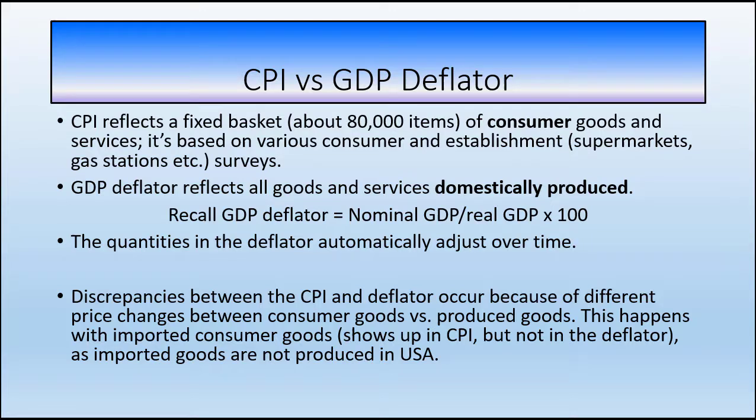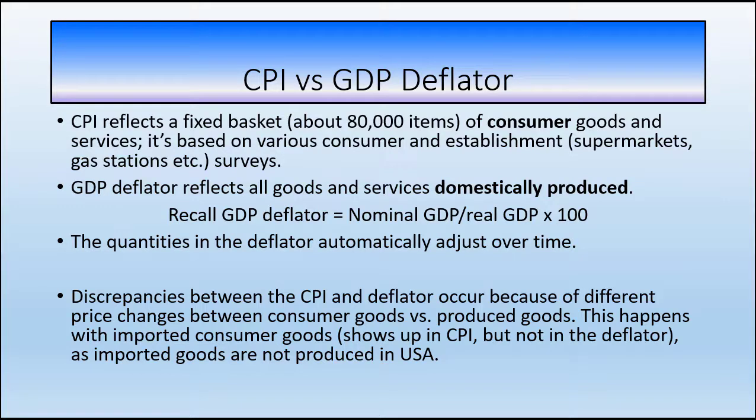Moving on, now what we want to do is compare the CPI versus the GDP deflator that we looked at in a previous video. Recall that the GDP deflator reflects all goods and services produced domestically. Remember, gross domestic product looks at the domestic product, stuff that's produced in our country.